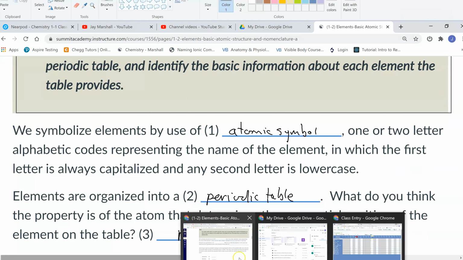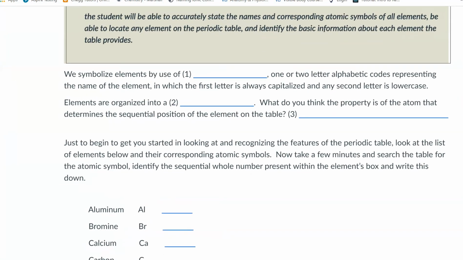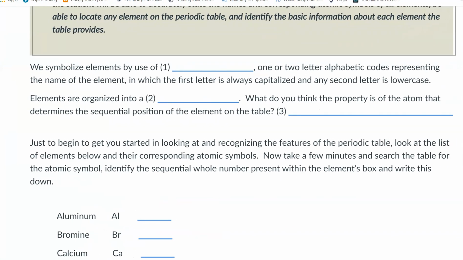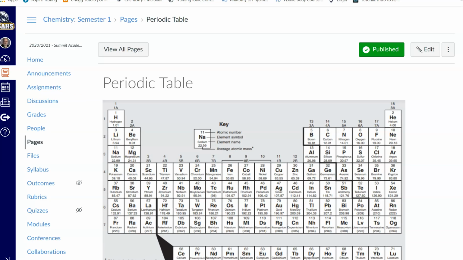Okay, so let's go back to this. When we're talking about elements that we're looking at on the periodic table, again, we symbolize these by use of atomic symbols. The atomic symbols are 1 or 2 letter alphabetic codes representing the name of the element. You're aware of this, and if I go to my periodic table, I can see all these symbols.